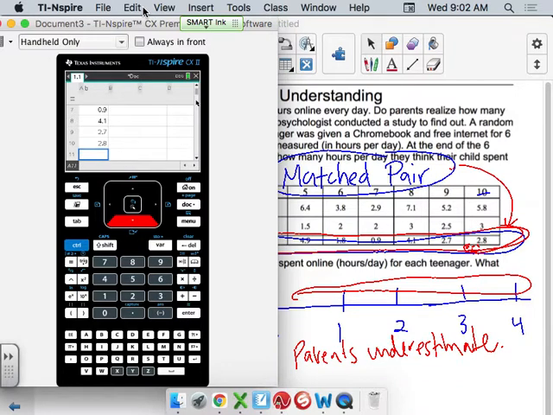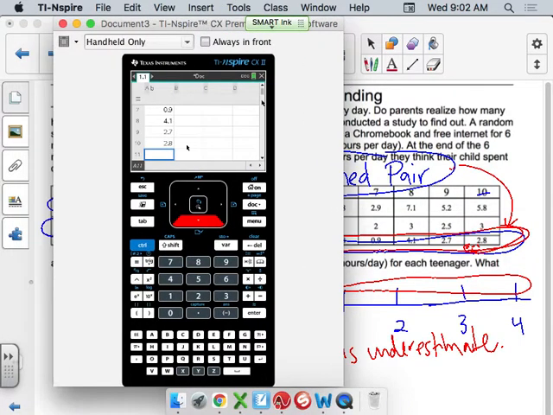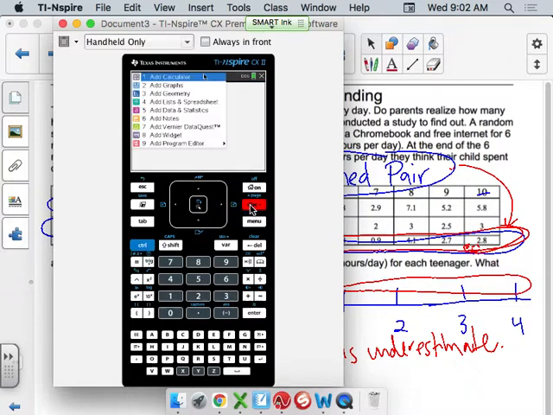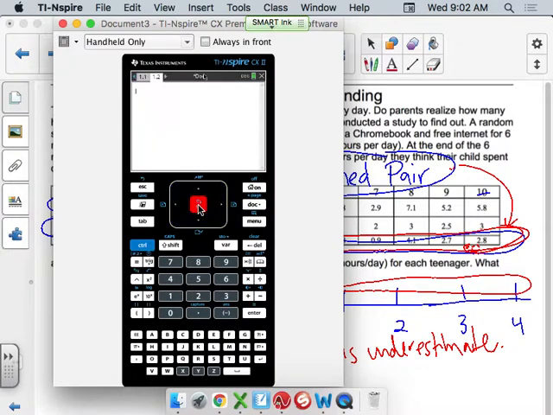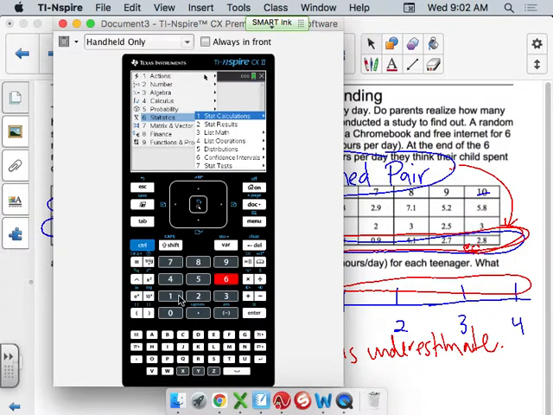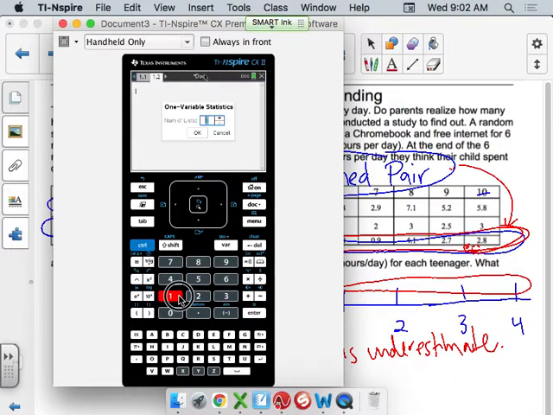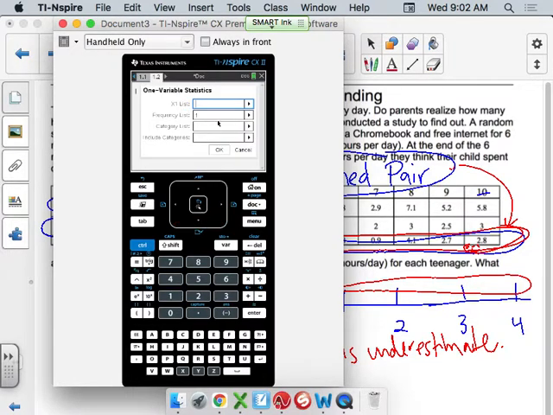Okay, so I'm just gonna make 1 column for that difference, and then I'm gonna do the menu, statistics, calculation, 1 variable. I'm gonna get the information on that.